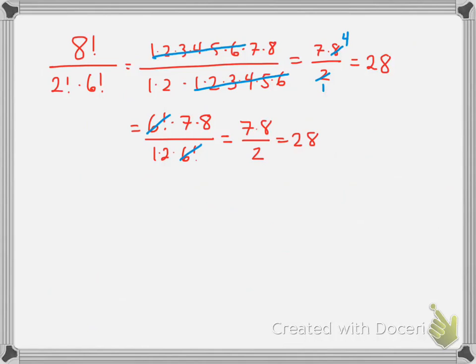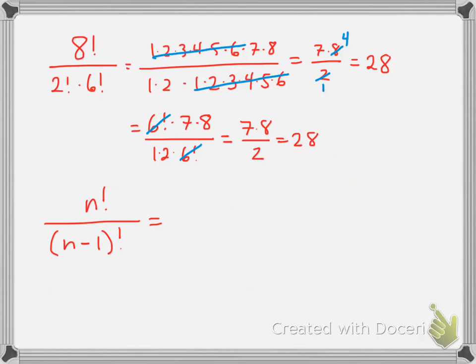Another thing you can do is do this without numbers, just dealing with letters instead of having values for n. So let's say I have n factorial over n minus 1 factorial. This one might be a little bit tricky, but you notice n minus 1 is just 1 less than n.